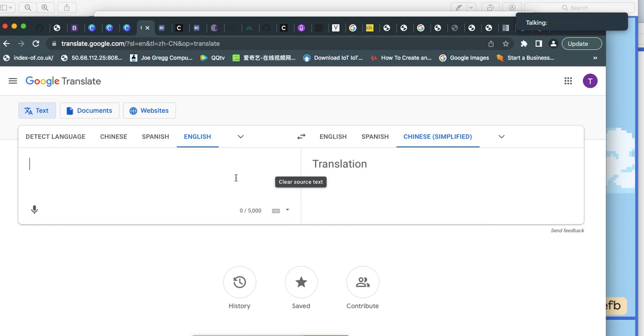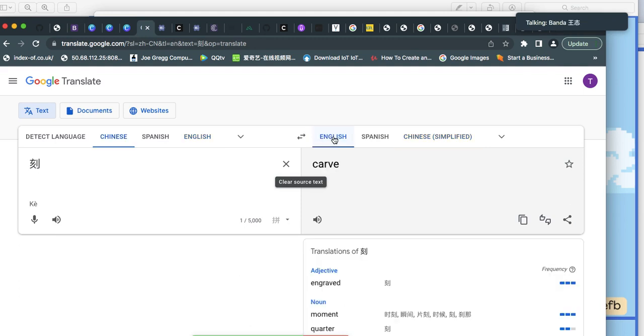Nice. So I'm gonna type in this character here, which is cut. The second one. Okay, it's coming from Chinese. I'm going to English. Okay, so it ideally refers to a piece, but when we're talking about time, we normally use it when we talk about something that's in 15 minutes zone.